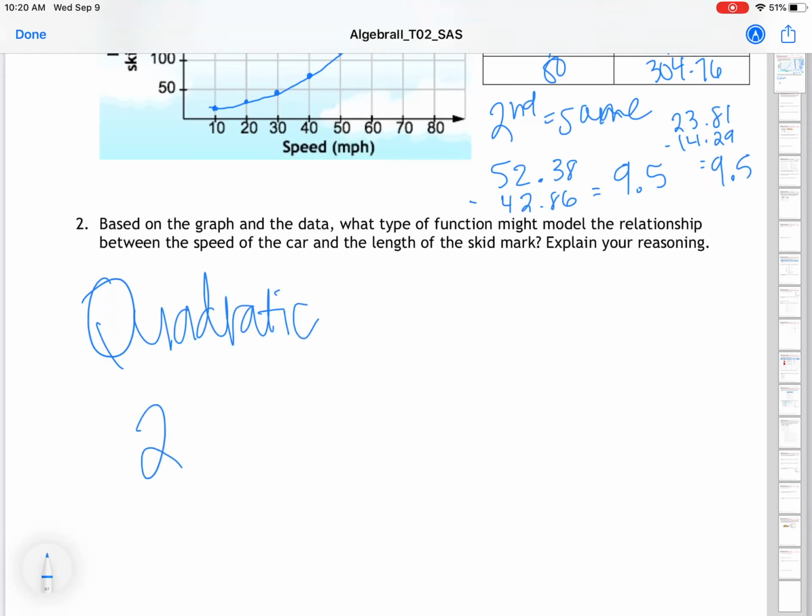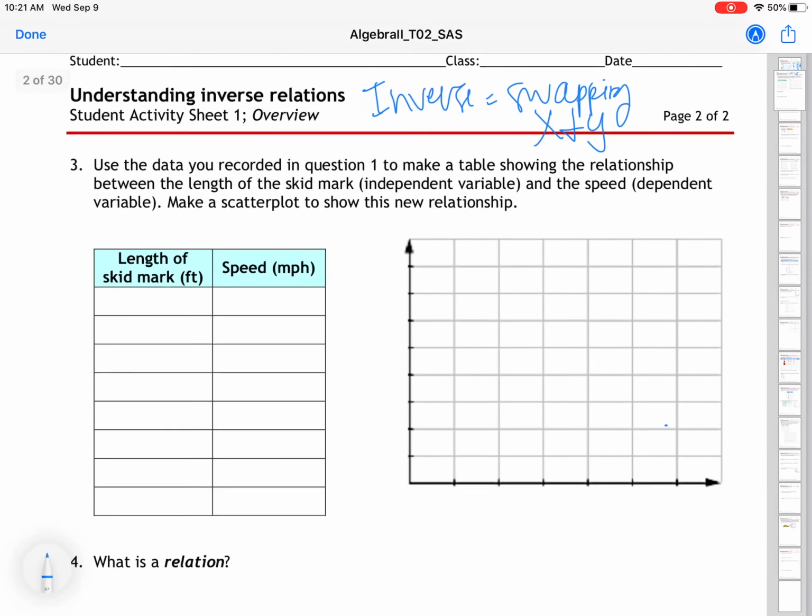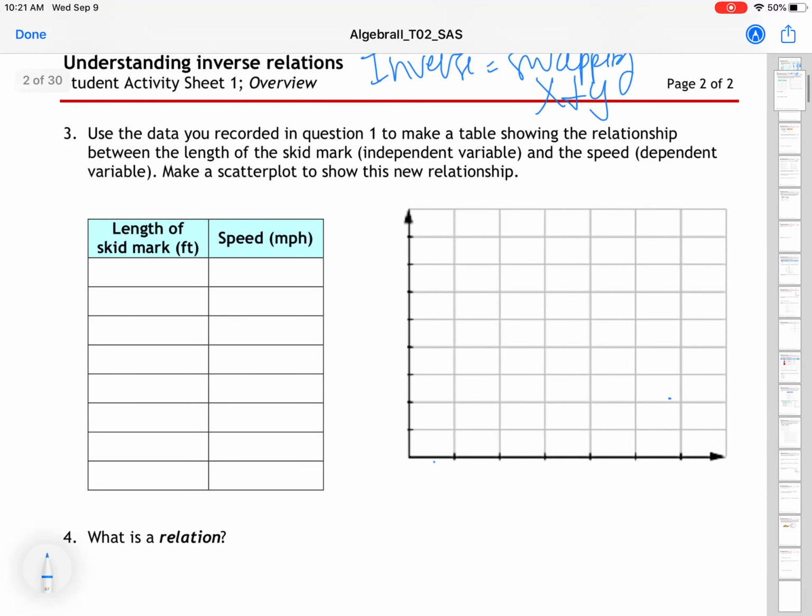Next, on number 3, we wrote up at the top, inverse equals swapping x and y. So you literally swap x and y, guys.